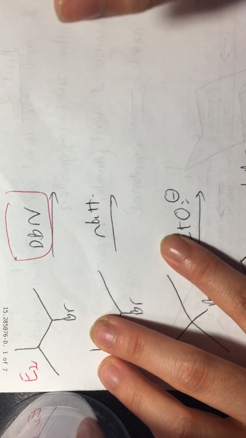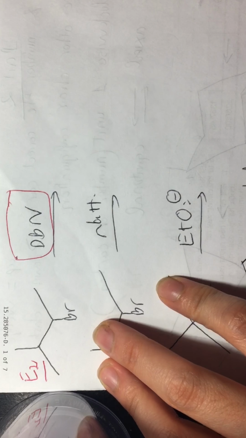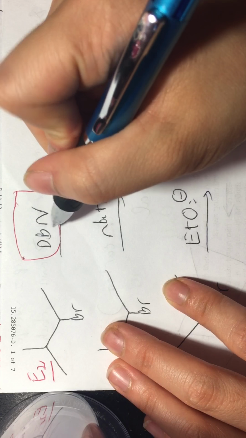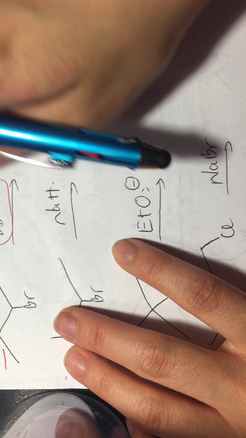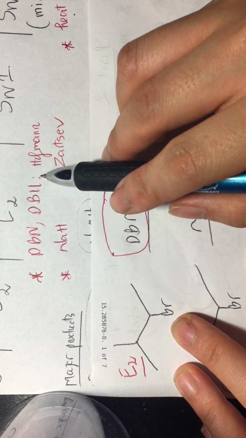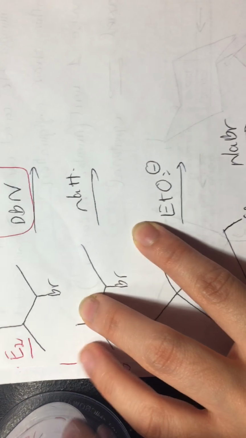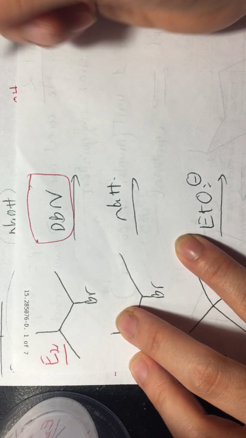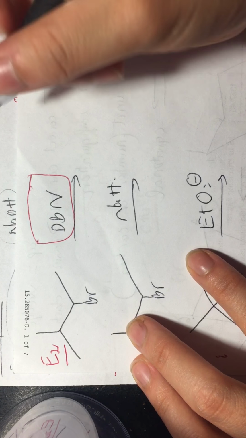In this case, whenever you have E2, you want to see if your base is big or small. DBN is one of the big bases. It's a bulky base. So whenever you have DBN or DBU, you do Hoffman product. So in this case, my major product will be the Hoffman product.